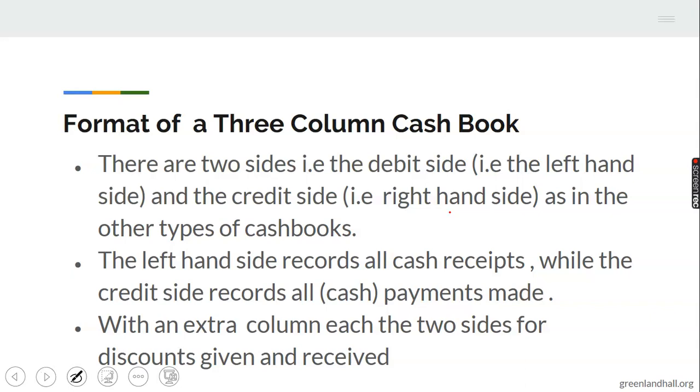The left-hand side records all cash receipts and check receipts, while the credit side records all cash payments and check payments. And we equally have an extra column at the two sides for discount given and discount received.